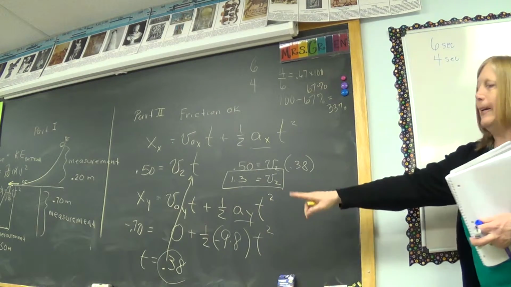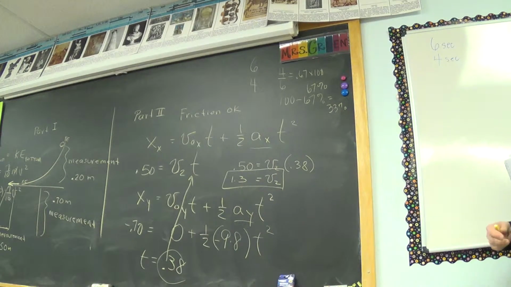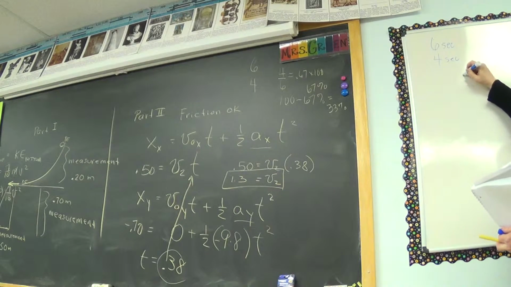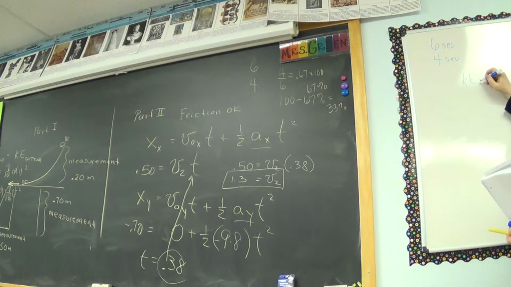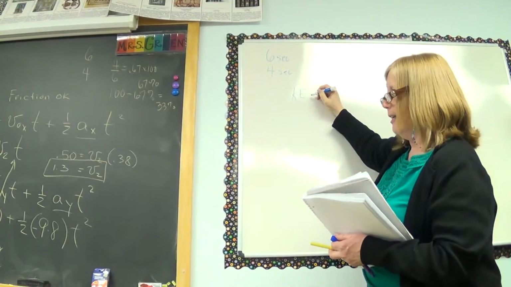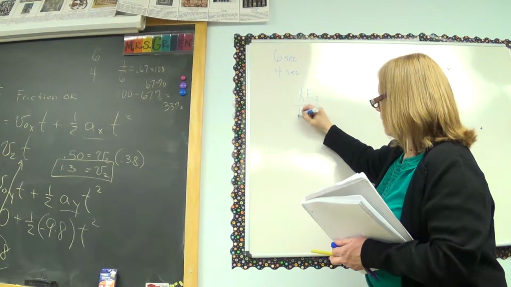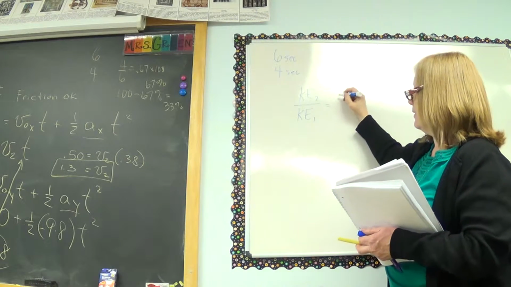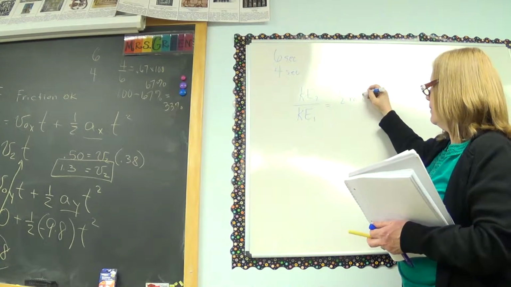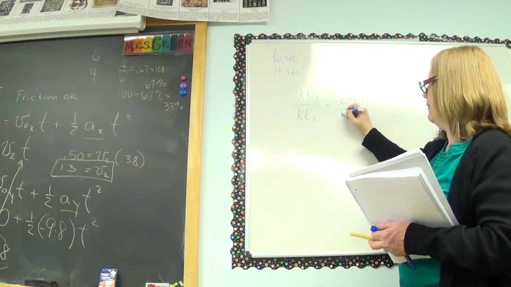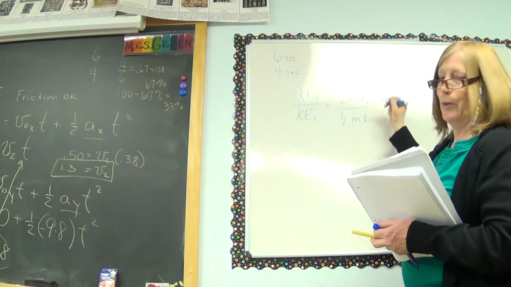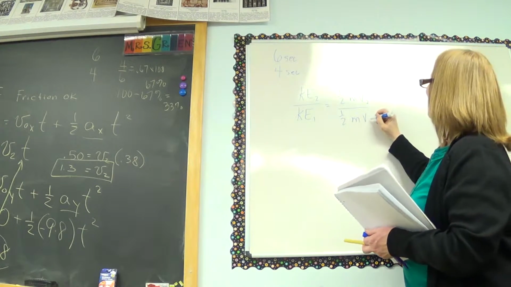So I want you to compare these two numbers, V1 and V2. What we're really comparing is kinetic energy. Kinetic energy in the second, which is the lower velocity, divided by the first. So we have 1/2 m v2 squared and 1/2 m v1 squared.